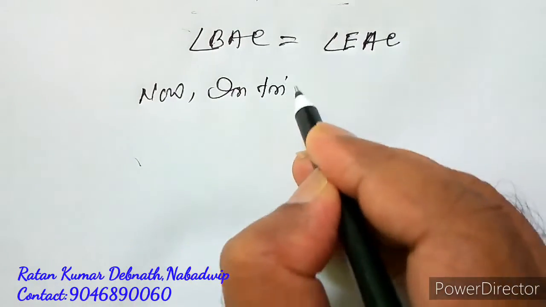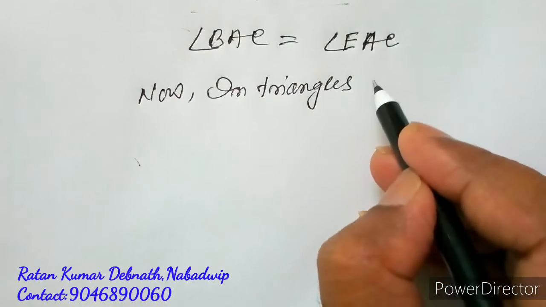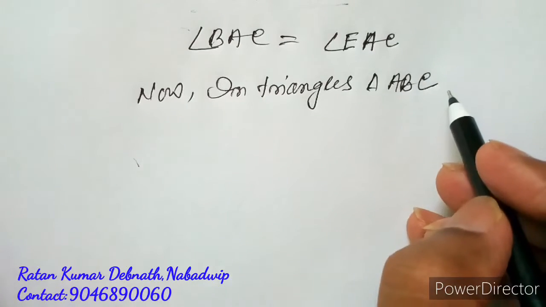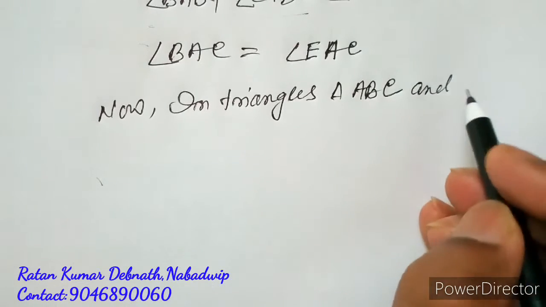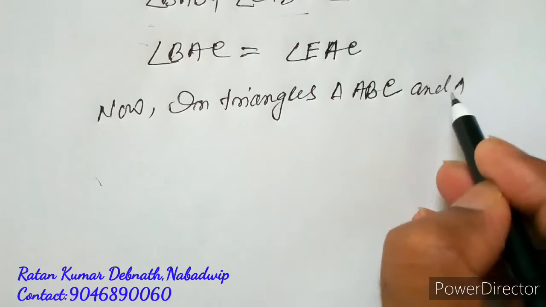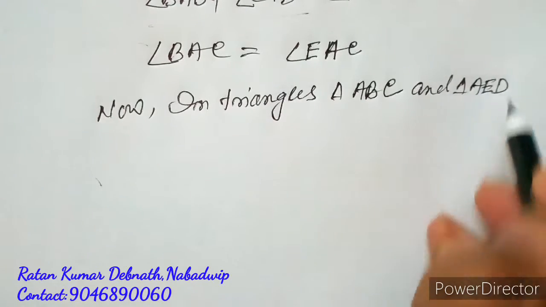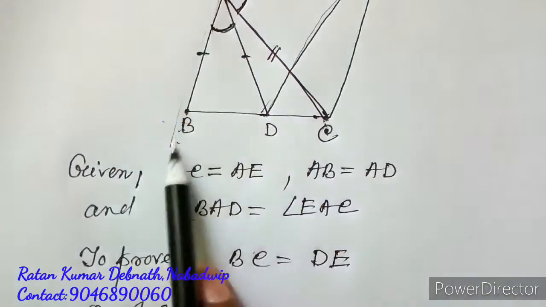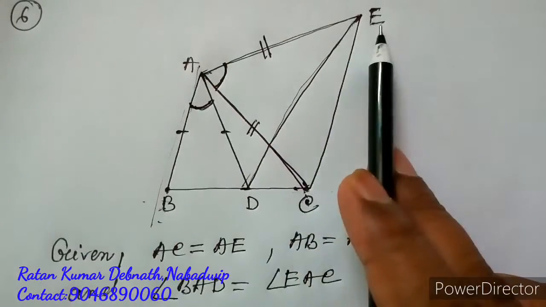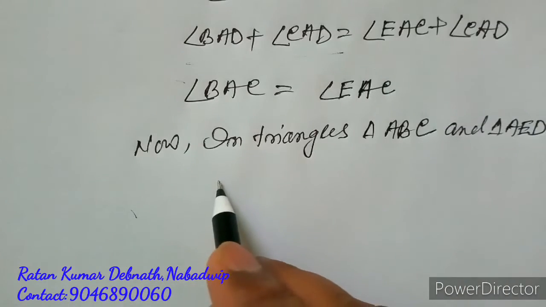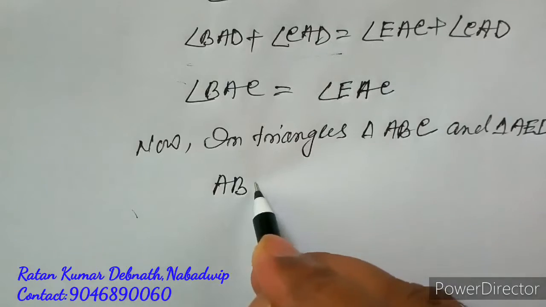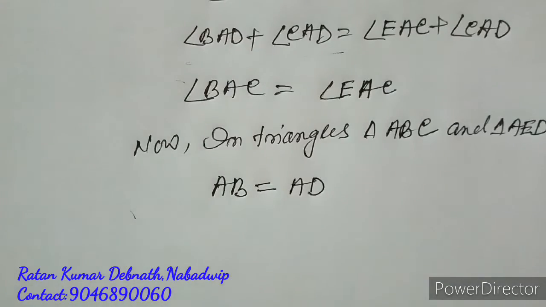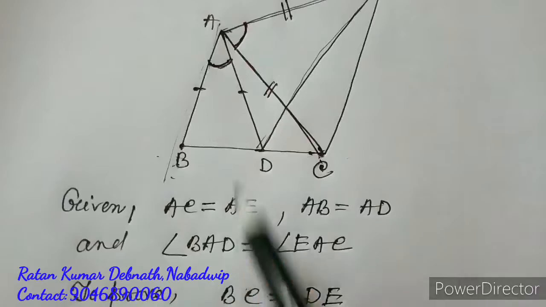Now in triangles ABC and AED, side AB equal to side AD, AB equal to AD is given.